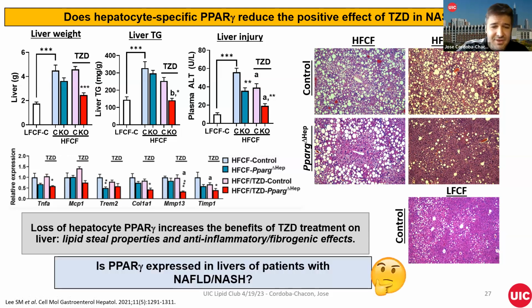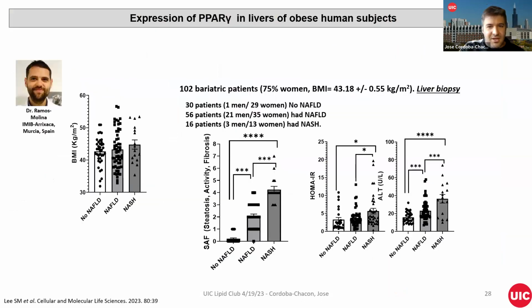However, here there is one thing, and the people in the clinic will say, well, is PPAR gamma expressed in the liver of patients? Because everybody is reading all these reviews from the clinical side saying that these effects of PPAR gamma in the liver are mouse dependent. And here we collaborated with our collaborator from Spain, Dr. Ramos Molina, who was able to collect hundreds of liver samples from patients undergoing bariatric surgery.